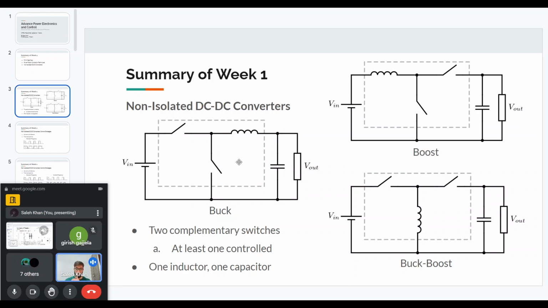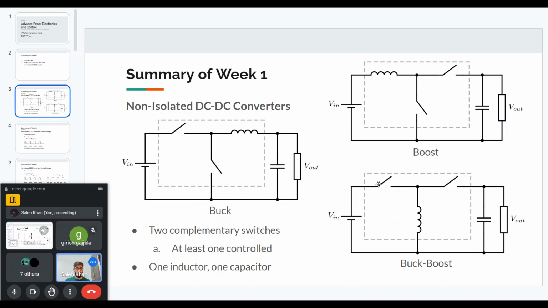And it is not that any of them can be controlled, but specifically one particular one has to be controlled. For example, in the buck case, the top switch, which is connected to the input voltage, has to be a controlled switch. In the boost converter, the switch connected between the inductor and the ground, or the negative of the output voltage, has to be a controlled switch. Similarly, in the buck boost case, the switch connected to the input voltage has to be the control switch.